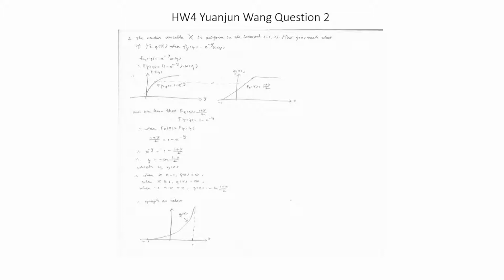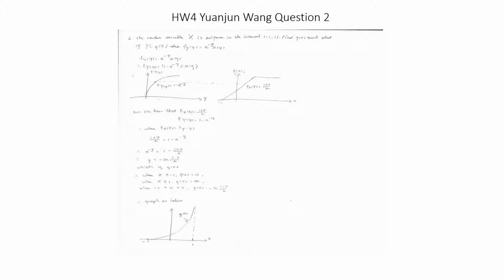Because the question tells us that f_Y of y is equal to e to the negative y times u of y, which is the step function, we now know that the capital F_Y of y is going to equal 1 minus e to the negative y times u of y.